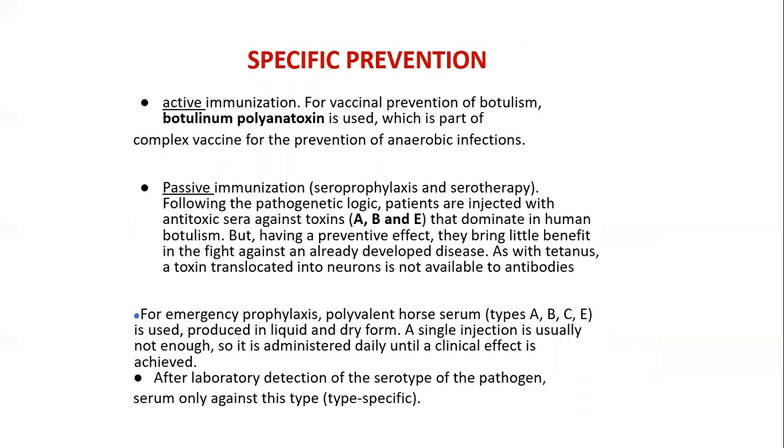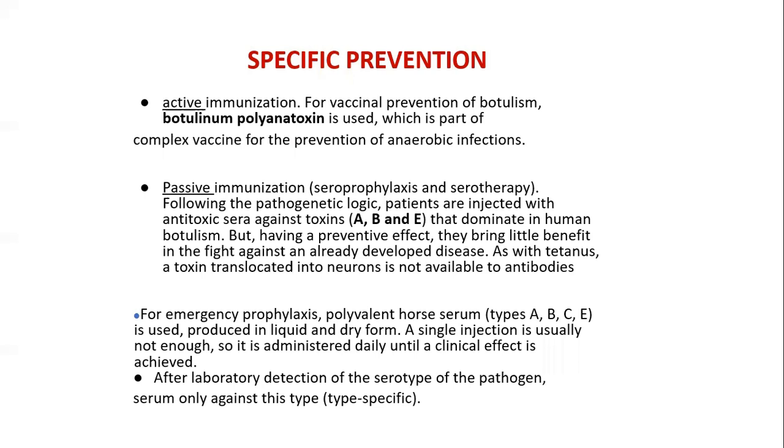Passive immunization. Following the pathogenetic logic, patients are injected with antitoxic sera against toxins that dominate in human botulism, but having a preventative effect, they bring little benefit in the fight against an already developed disease. As with tetanus, a toxin translocated into neurons is not available to antibodies.